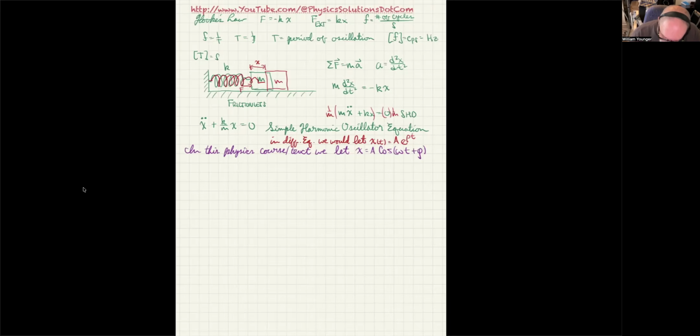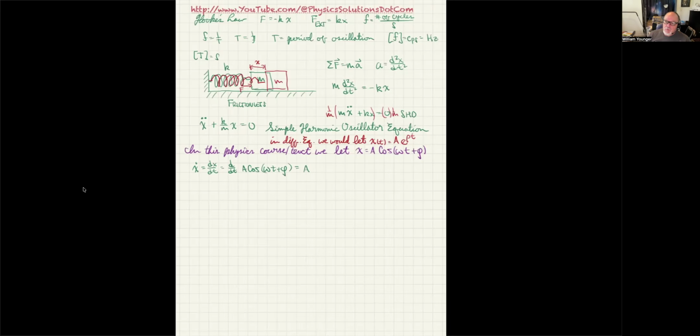I'm going back to green. So we're going to say x dot, which is, as I said, dx over dt, which equals d by dt of A cosine omega t plus phi. Now, the A is just a constant, so that's just going to come out in front. And then we're going to take the derivative of cosine, and of course, the derivative of cosine is negative sine.